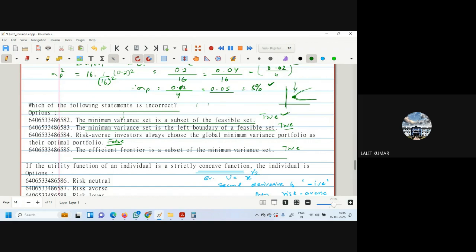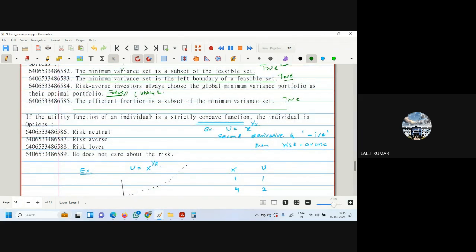The risk-averse investors always choose the global minimum variance portfolio as their optimal portfolio. It is false. It depends on their utility function. They might choose somewhere else also if they have some risk appetite. The efficient frontier is a subset of the minimum variance set. This is true.